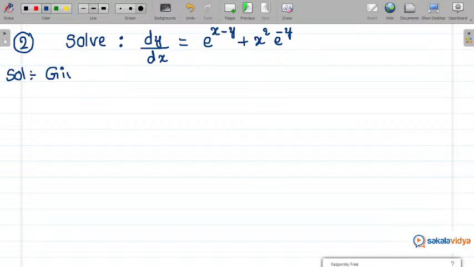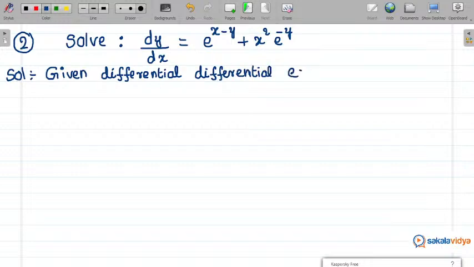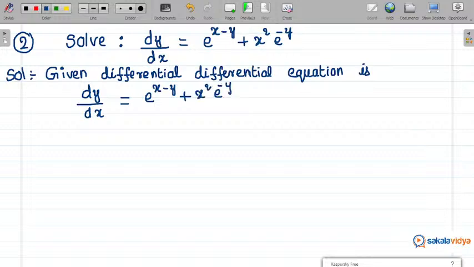The given differential equation is dy by dx is equal to e to the power of x minus y plus x square into e power minus y.